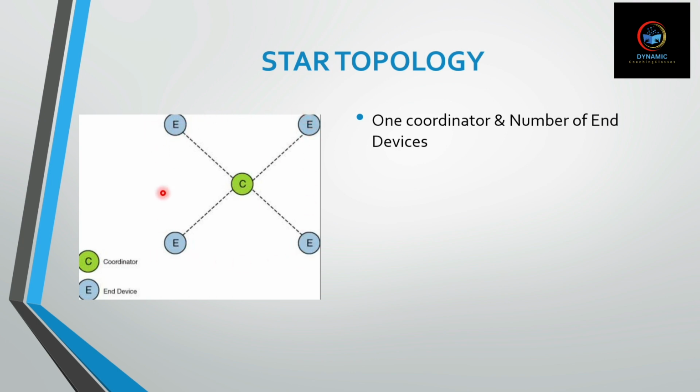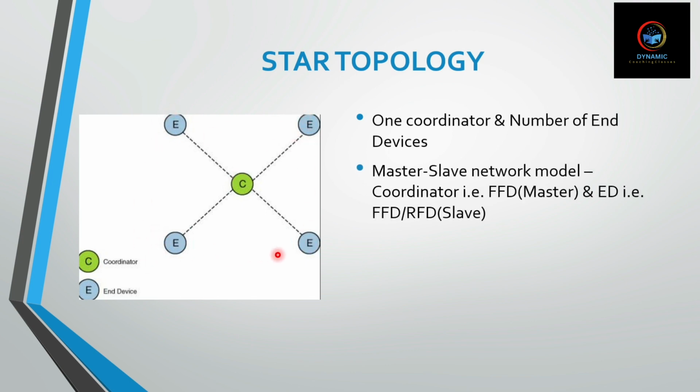In this topology, one coordinator and a number of end devices are present, and this topology adopts the master and slave network model. So what is that model? In that kind of model, the coordinator, that is basically the FFD, the full function device, acts as a master.